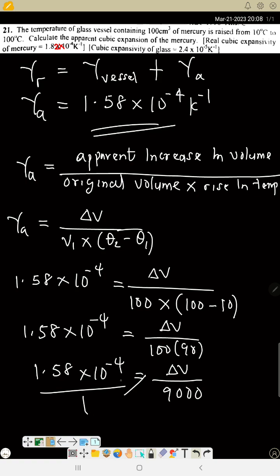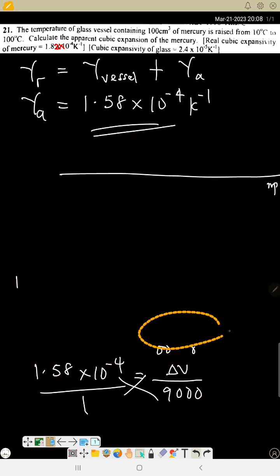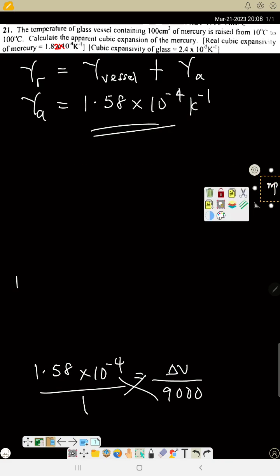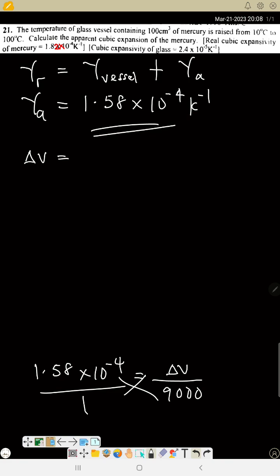Remember this is over 1, so we cross multiply. Apparent increase in volume is equal to 1.58 times 10 raised to power minus 4 times 9,000.